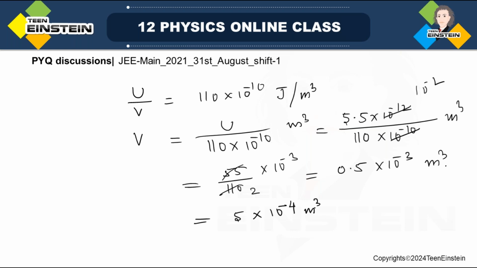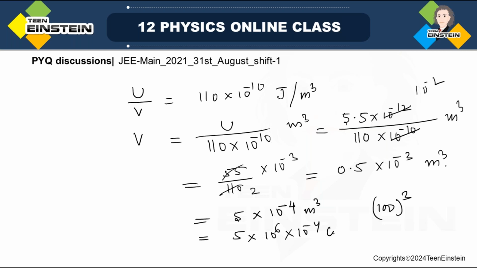See, I have to make it centimeter cube, right? Centimeter means 10 to the power minus 2 meter, cubed. So I have to multiply 5 into 10 to the power minus 4 by 10 to the power 6 to make it centimeter cube.